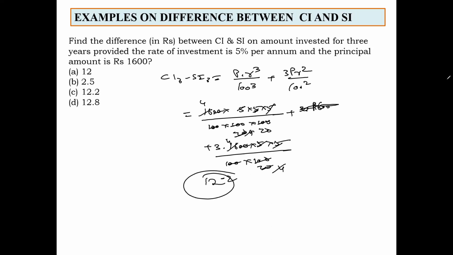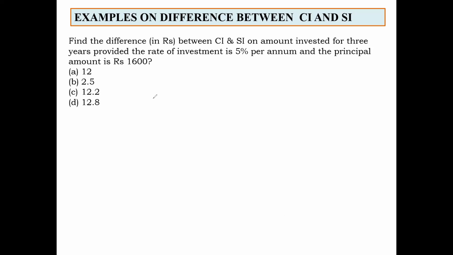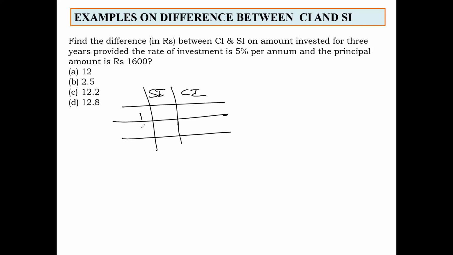Anyways, what if we compare SI and CI and make a table here? If I'm comparing SI and CI for 3 years, I'm doing this just to show you that there is another method of calculating CI. Simple interest, 5% on 1600 will be 80 rupees, right? 10% is 160. So simple interest will be 80, 80, 80.